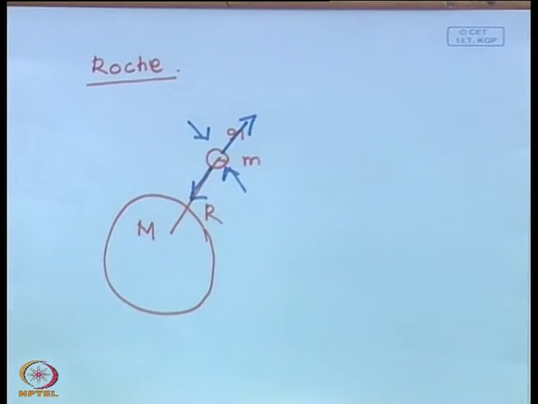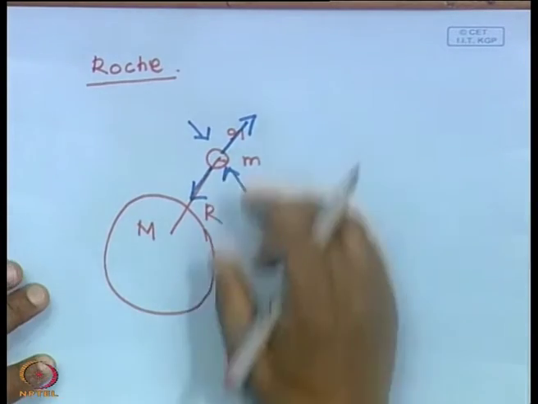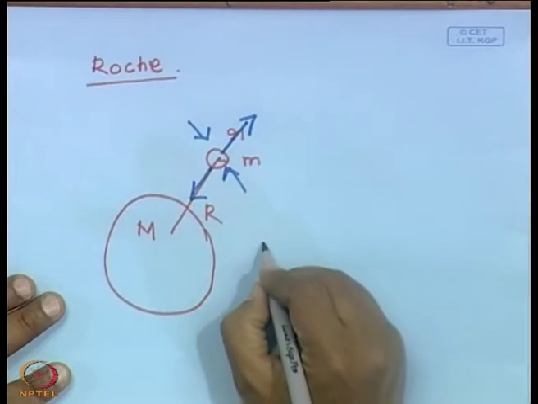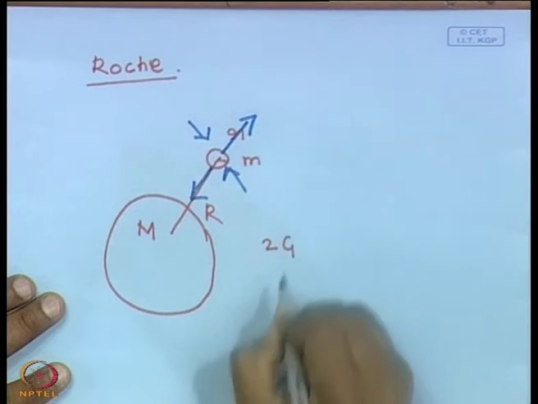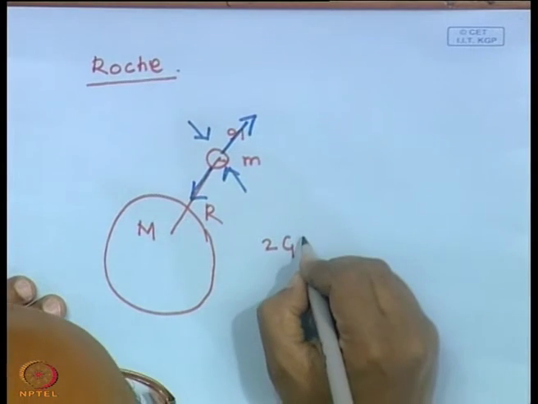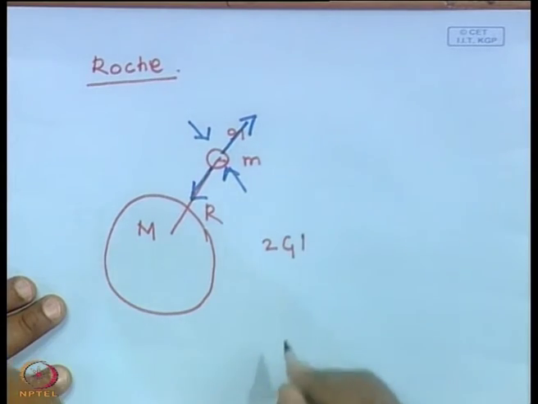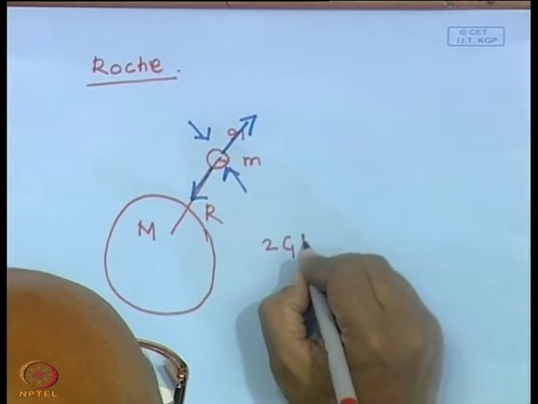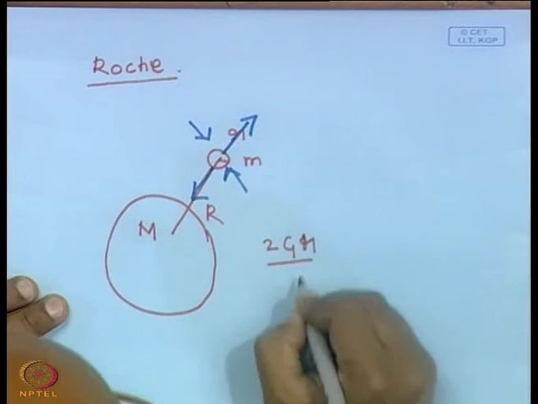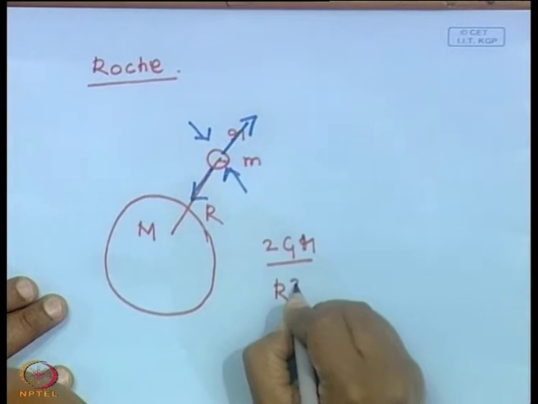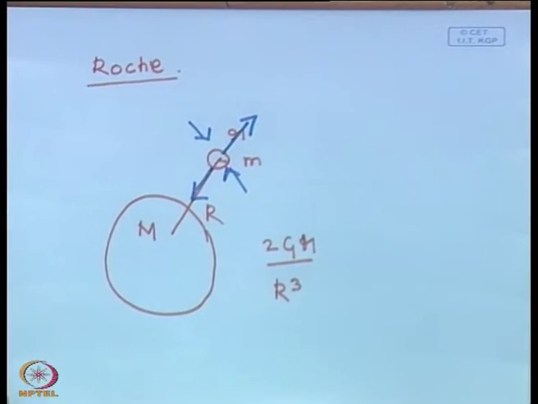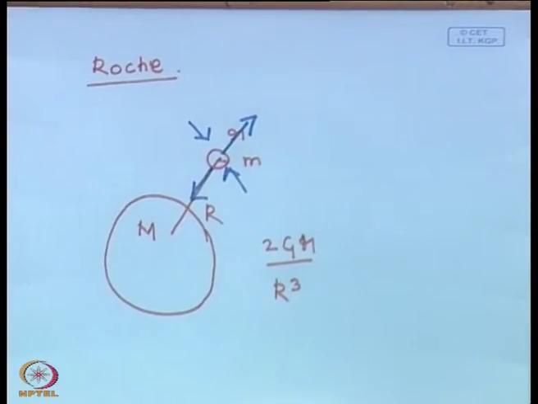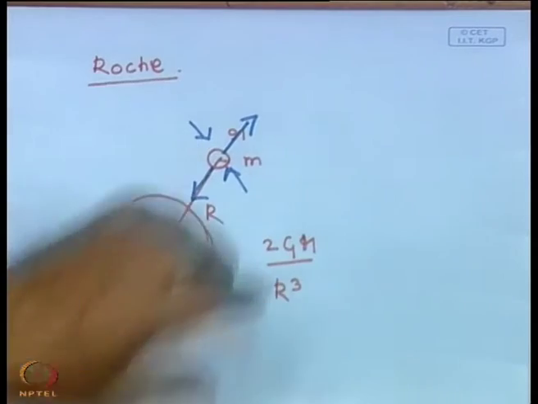So, at that distance, the tidal force which is trying to pull it apart is 2 G M, sorry, 2 G M times the radius of this object r, by R cube. That is the tidal force which is trying to pull this object of radius small r apart. That is a radial tidal force.